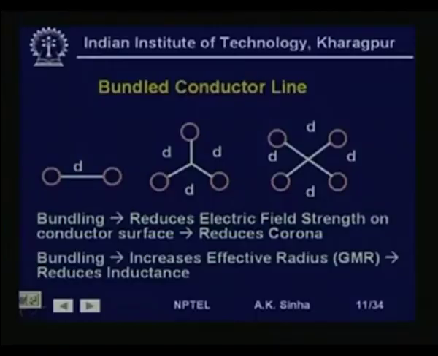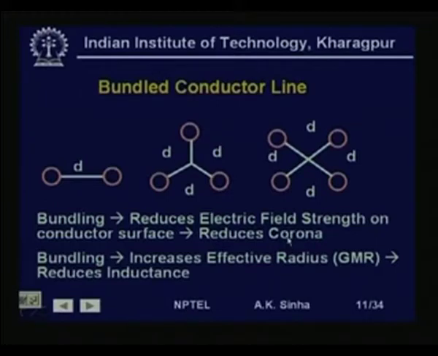In fact, bundle conductors are used for 2 purposes. One is that it reduces the electric field strength on the conductor surface, and therefore it reduces corona losses, radio interference and audible corona losses. All these aspects associated with corona get reduced.